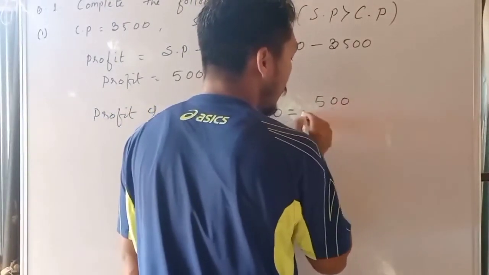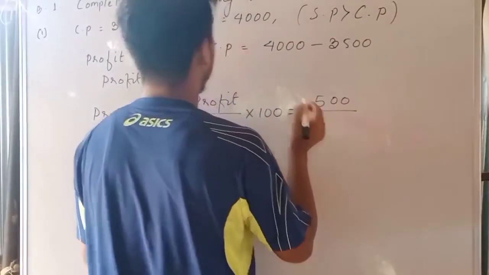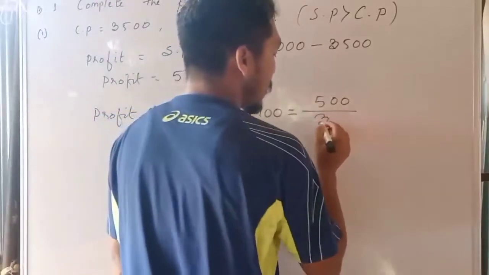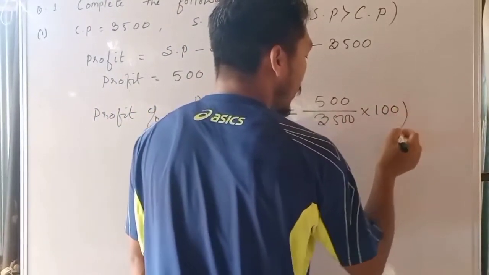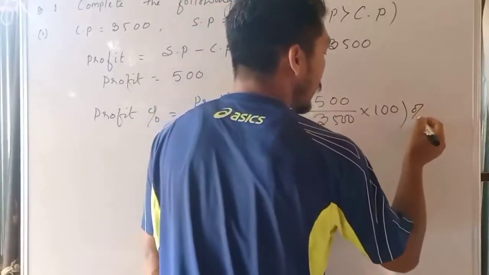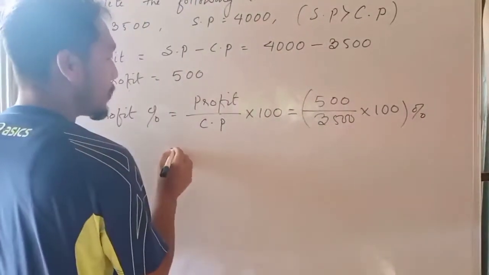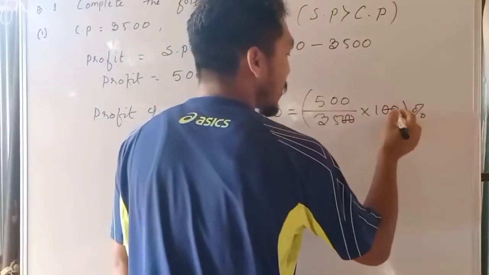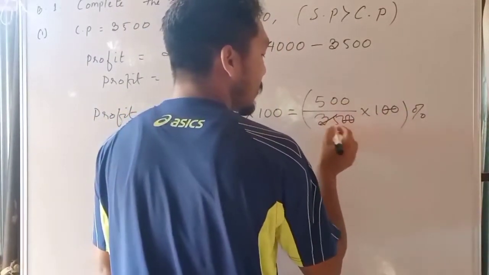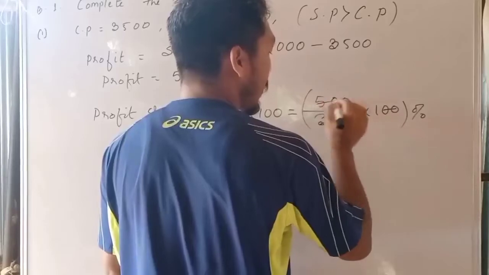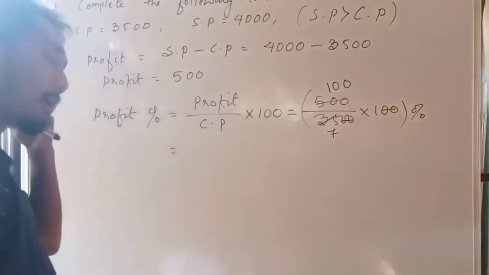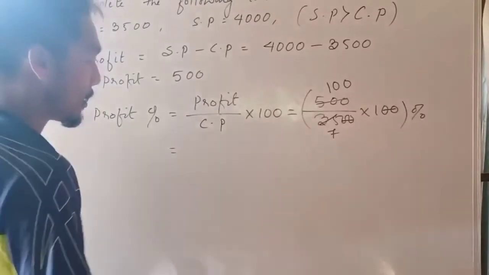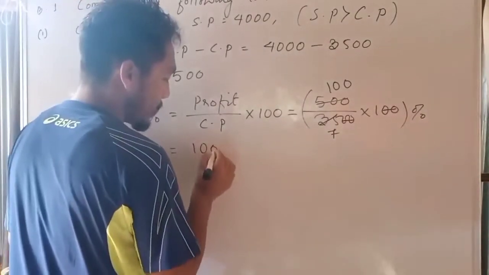Okay, so 500 divided by CP, CP is 3,500, into 100, because we are going to find it in the form of percentage. Which implies that 0 and 0 cancel. 5 sevens are 35, 5 tens are 50. Again we got 100 divided by 7.